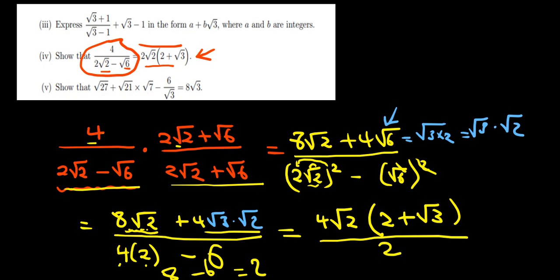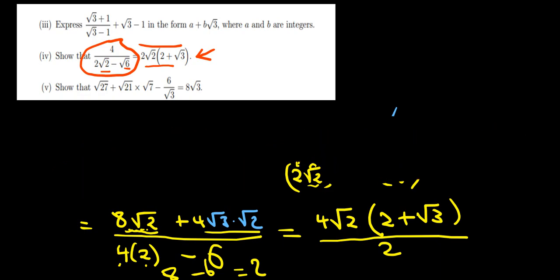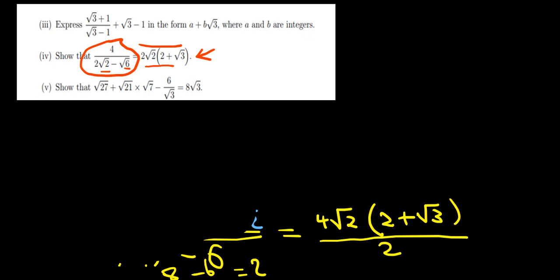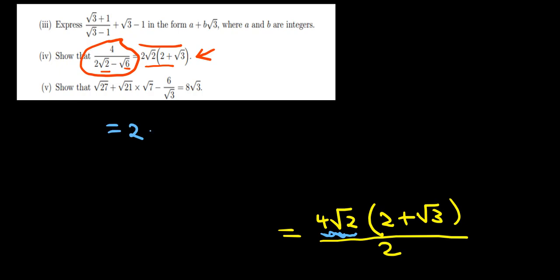So what do we get? I can erase this. We see that in the denominator we have a 2, so we can divide that 2 into this 4 root of 2. If I divide this 2 into this 4, I'm going to get 2, then the root of 2, then in the brackets we have 2 plus root of 3.